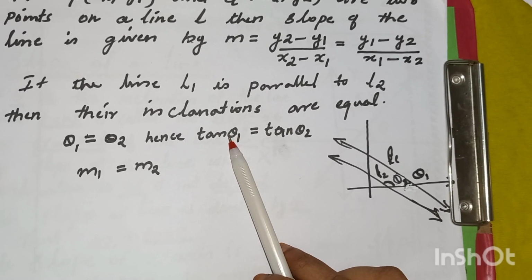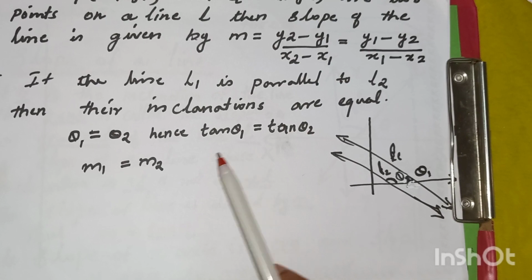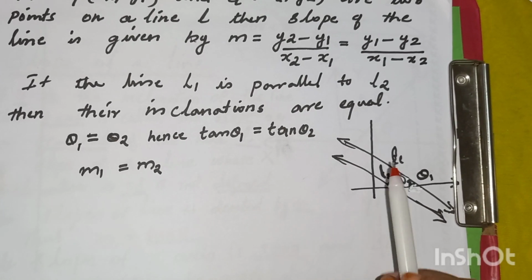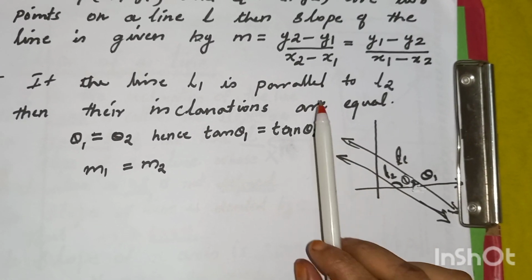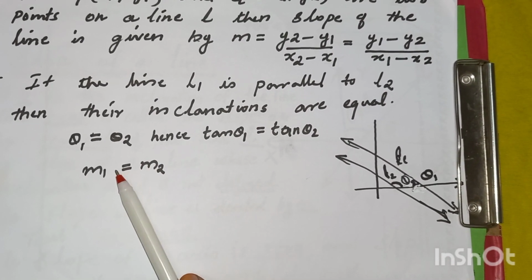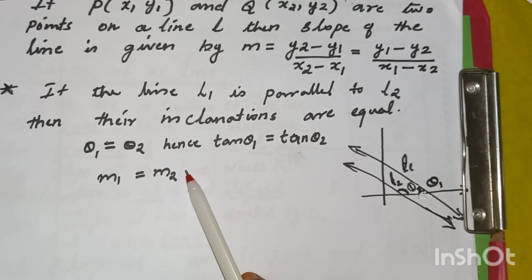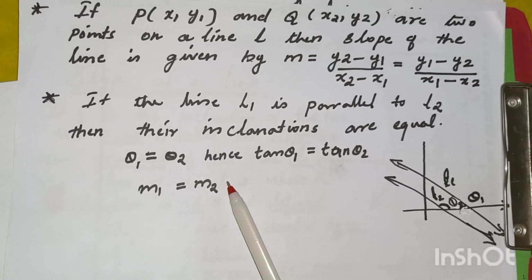Tan theta 1 is equal to m1 and tan theta 2 is equal to m2. So if two lines are parallel, the condition for parallel is that their slopes are equal, that is m1 is equal to m2. Is it clear for you?